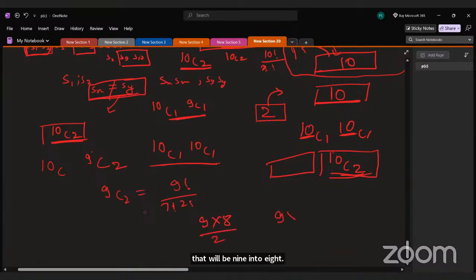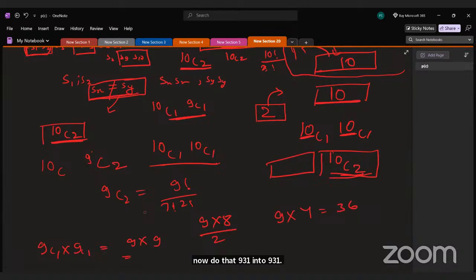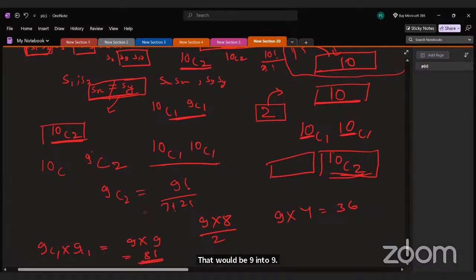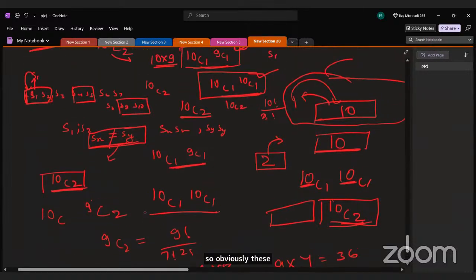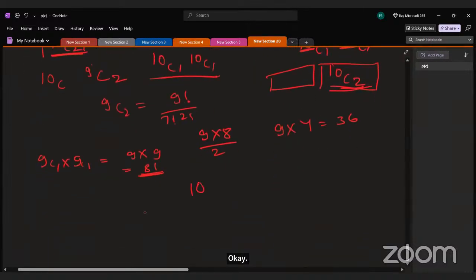That will be 9 into 4, that will be 36. Now do this 9C1 into 9C1. That will be 9 into 9, that will be 81. So obviously, sir, here 10C2 and 10C1 into 9C1 answers are different.